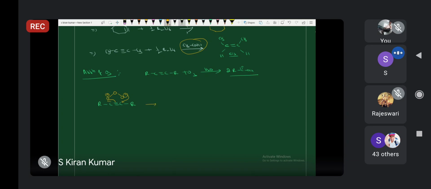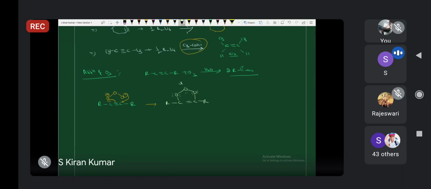With this cyclization, we write R, C double bond C, and oxygen, oxygen like this. Three oxygens are continuous. This is called the molozonide. Yes or no?